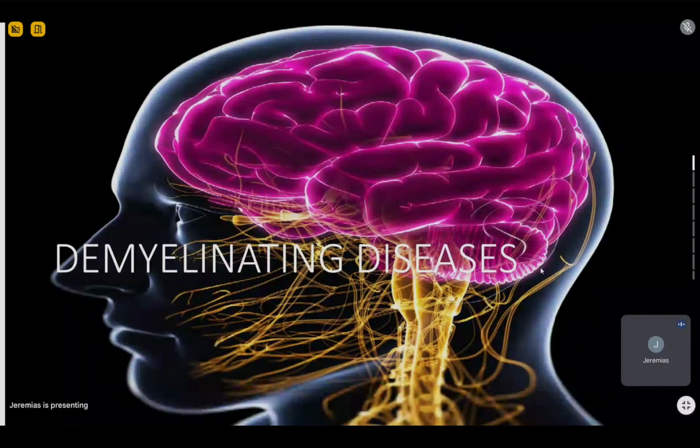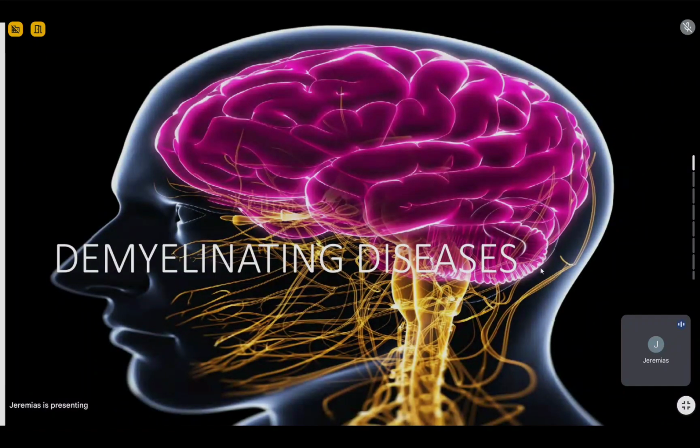This myelin, they tend to cover the processes of axons, and its function is for fast transmission of electrical impulses. So in the brain, the transmission of information is fast. Meaning if there's loss of myelin in the processes of neurons, the tendency is the transmission will be affected, right?